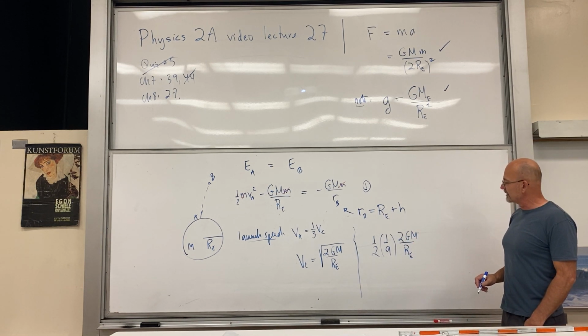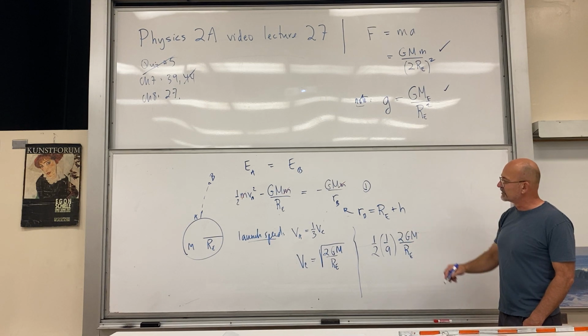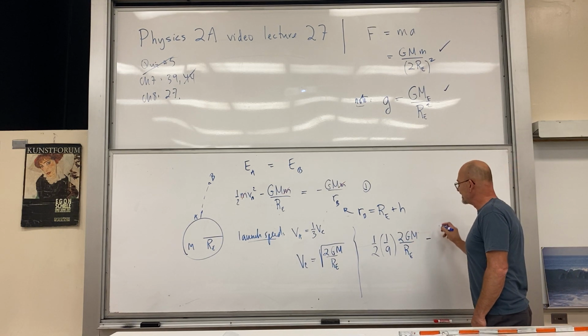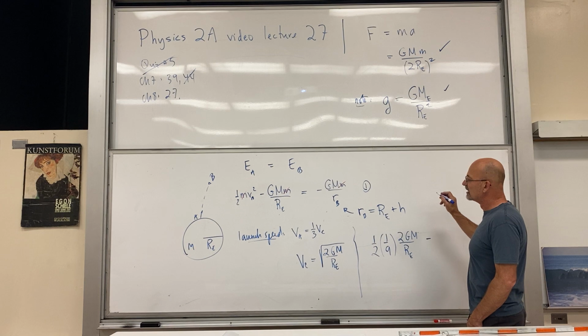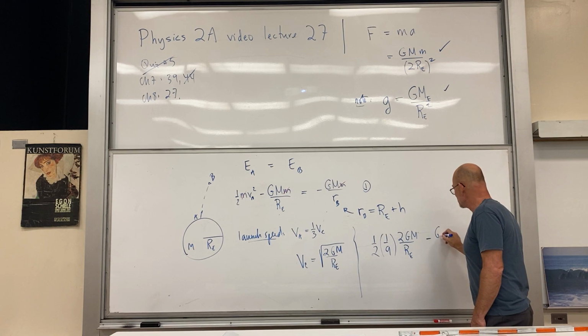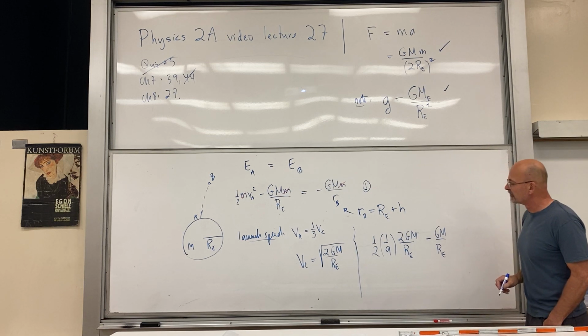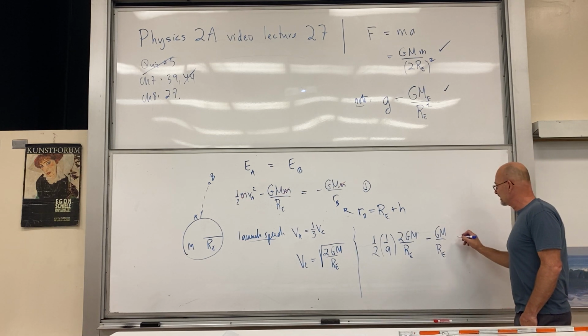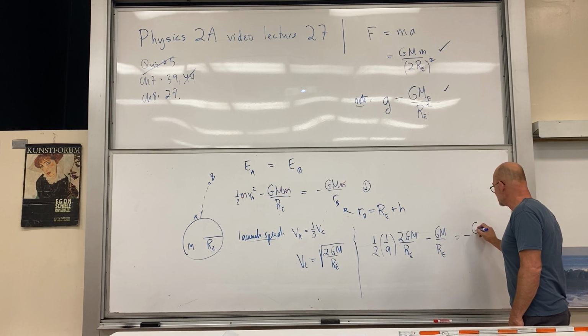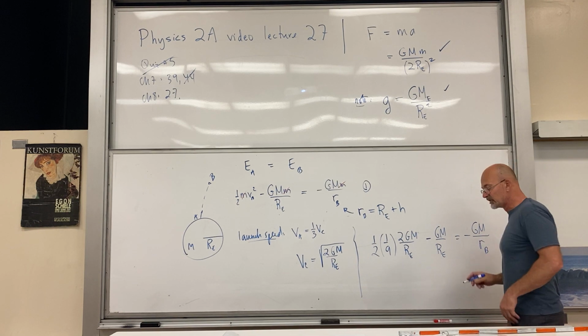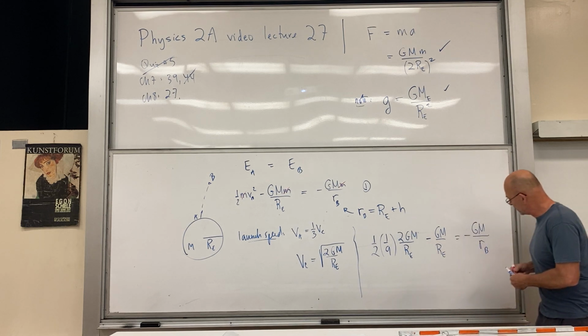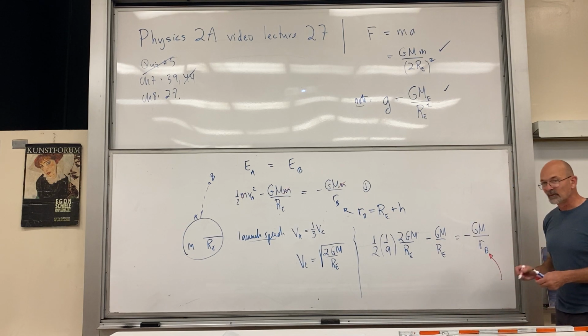So we have that, and we can simplify it a bit. Minus GM over RE is equal to minus GM over R sub B, which is what we're looking for.